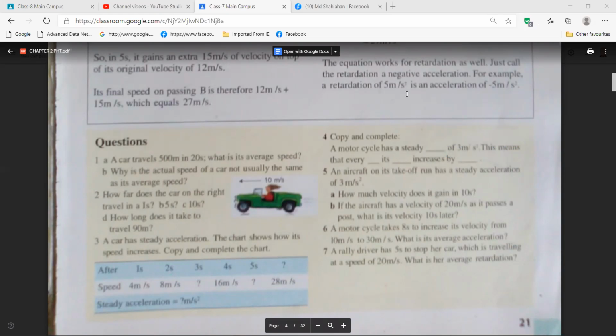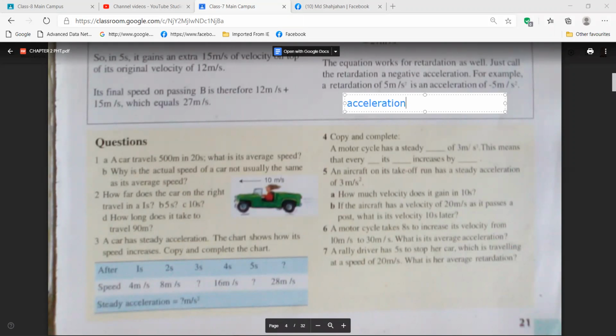Sir, because its unit is meter per second square. Excellent. So the answer for question A will be acceleration, right? Then next, every second its pace increases by 3 meter per second, so your first gap will give you acceleration.